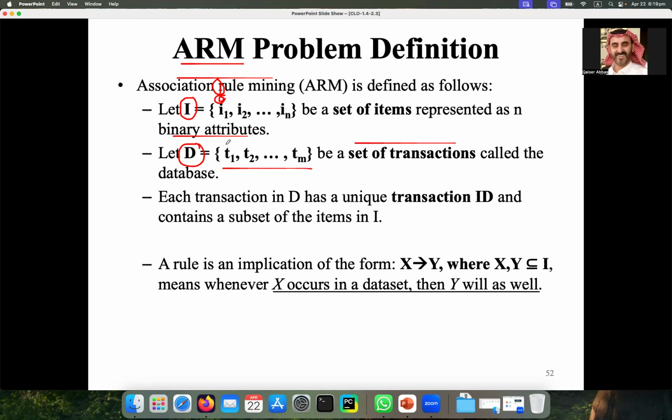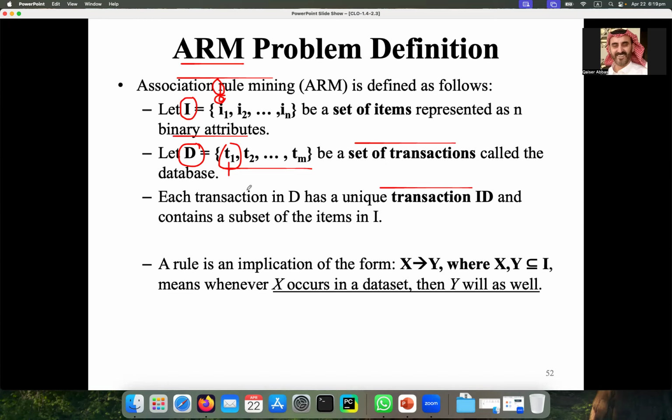And what is the form of these transactions? These transactions will have a unique transaction ID. They will have their own ID, a numeric value, but unique. And these transactions can contain a single item or multiple items as a set.